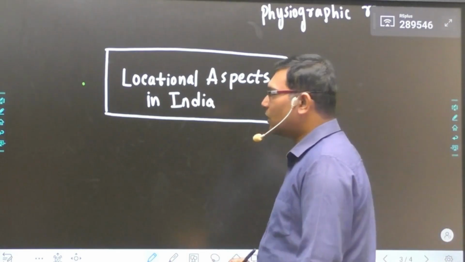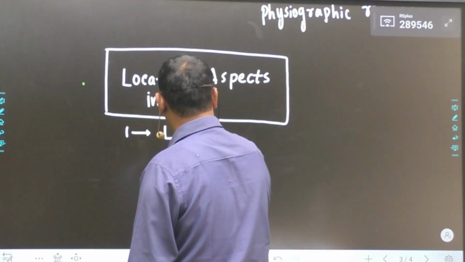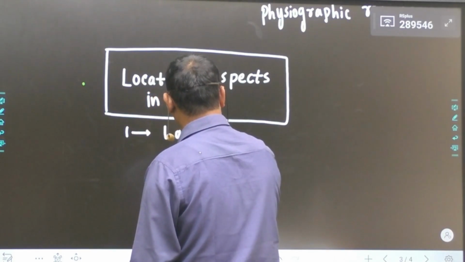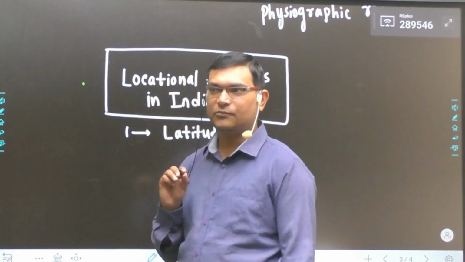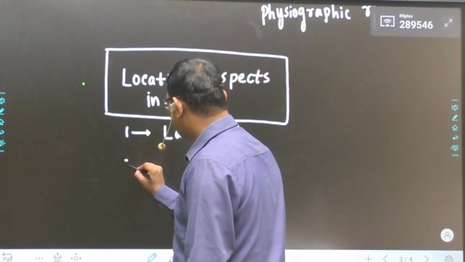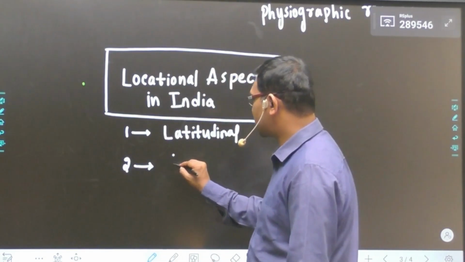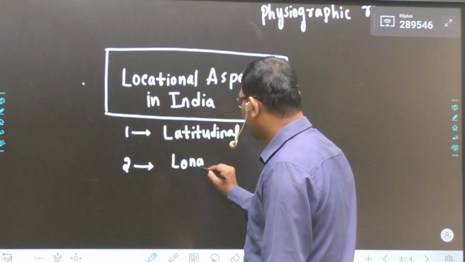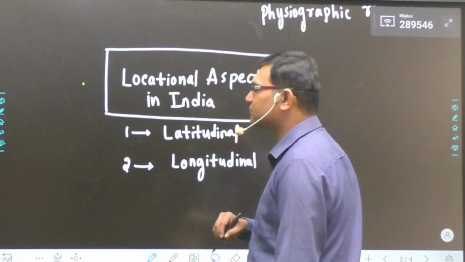First is the location of India. We will be studying it in three ways. First is the latitudinal location, number one. Number two, we are going to study from the longitudinal aspects.